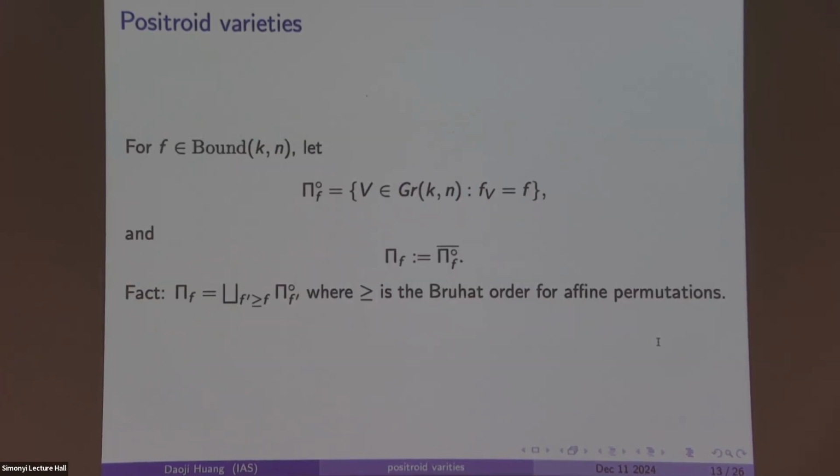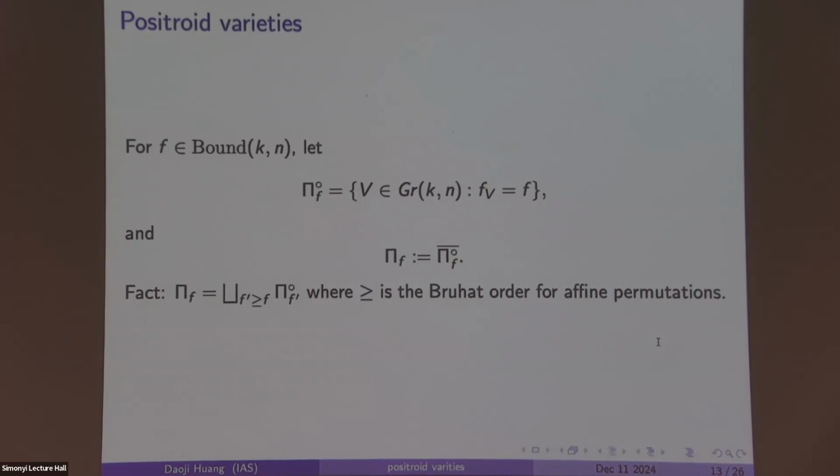So then the definition of positroid itself is that you collect the elements in the Grassmannian such that it gives you that bounded affine permutation.